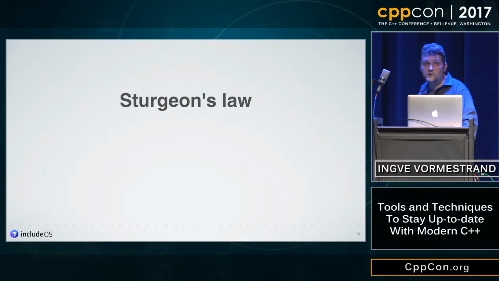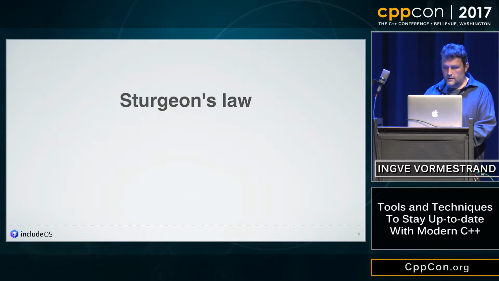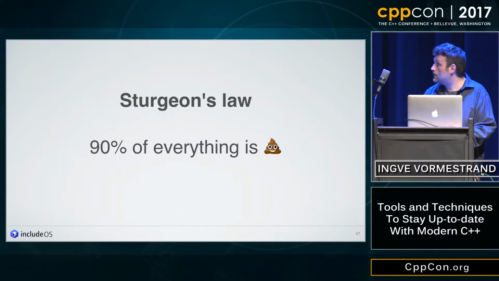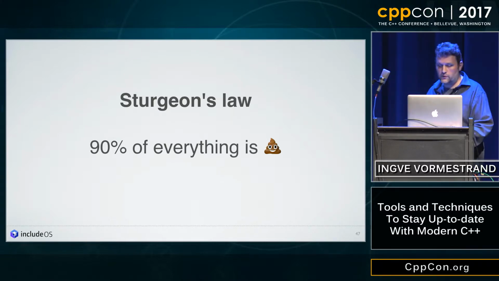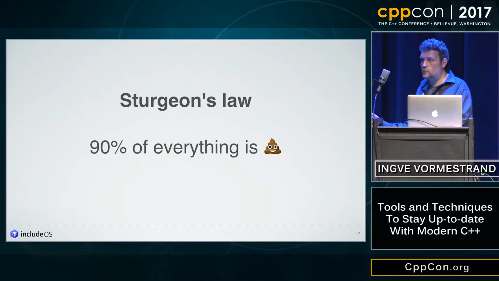Are you familiar with Sturgeon's law? Not all the information out there is equally useful. Plus, there is really a lot of it, and even if you found only the perfect, really good, flawless information, it would take a long time to process it.